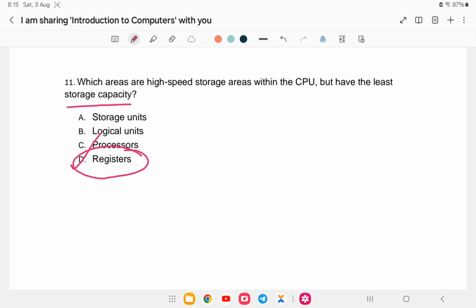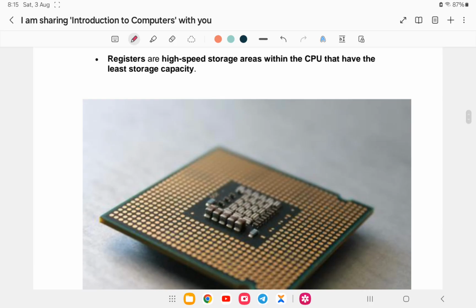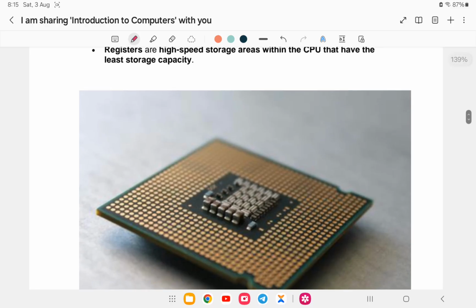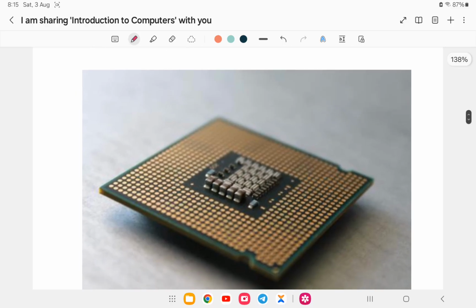Registers are high-speed storage areas within the CPU that have the least storage capacity. You will see a register is like this within the CPU of the computer. I hope you are clear with this. Let us go to the next question.